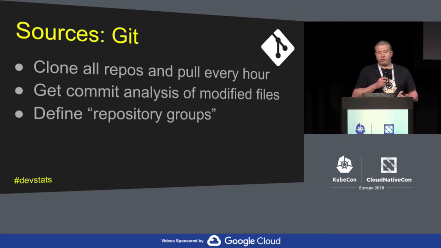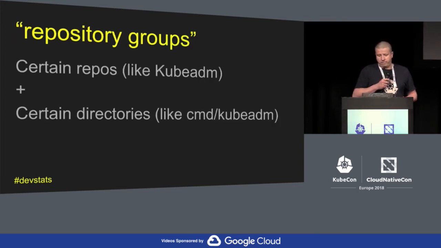So we can define a repository group as a set of GitHub repos, and additionally some paths and files from other repos. This is why we use Git: just to get a list of modified, added, and deleted files from each commit. For example, we can define something like kubeadm, which is the kubeadm repo, plus cmd/kubeadm from Kubernetes.